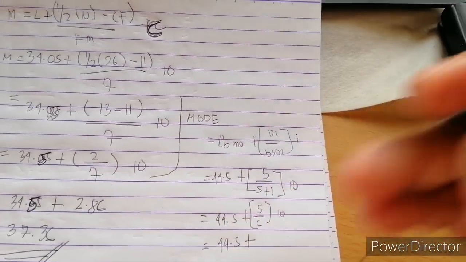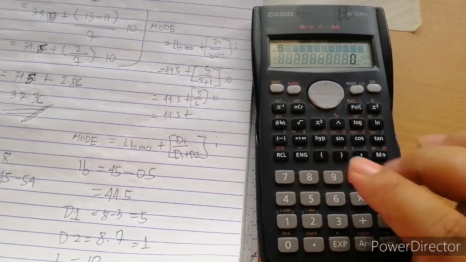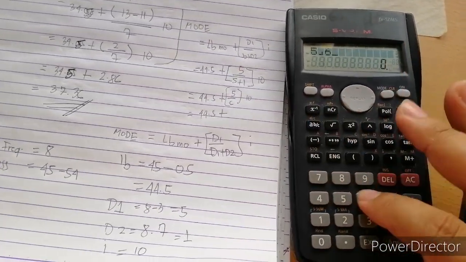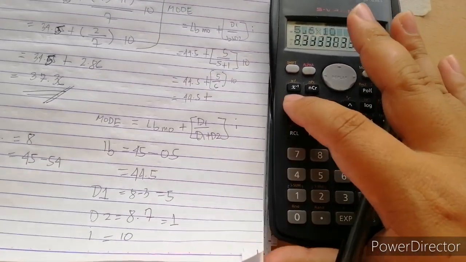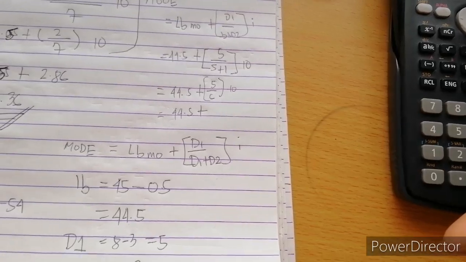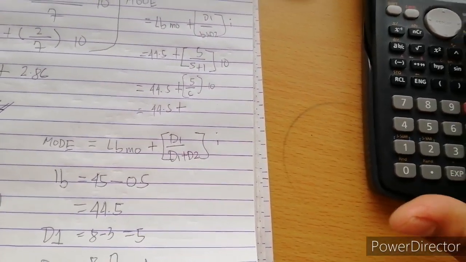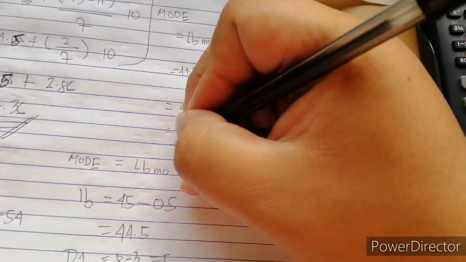You need the calculator, and that will be 8.333 or 8.34.